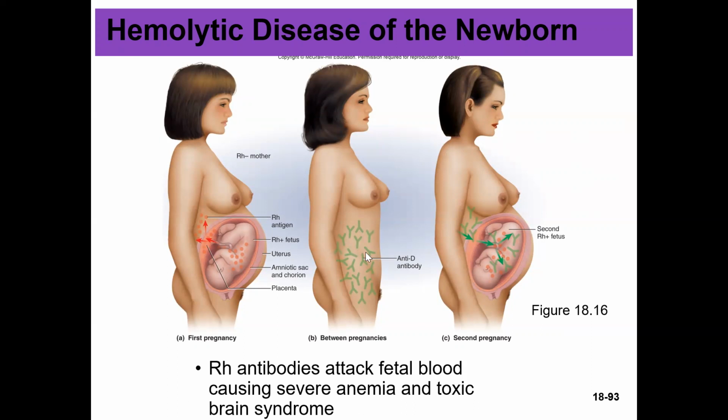We call it anti-D. In the next pregnancy, if that baby is unfortunate and is also Rh positive, then the antibodies in his mother's blood that were formed years ago will be activated and will attack the red blood cells of this baby and cause severe hemolysis.